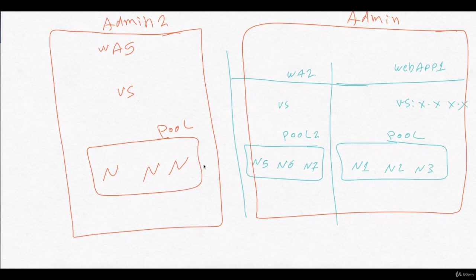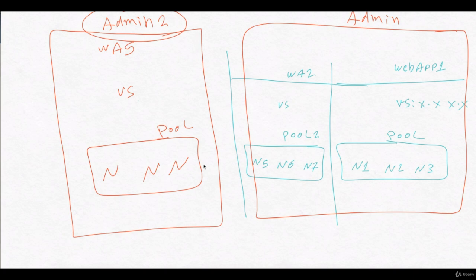As I said, this is a different business unit. They have a BIG-IP administrator, and they want you to create objects for them on your BIG-IP appliance, but they want to manage them.